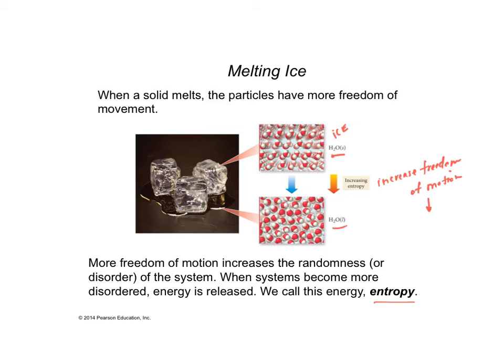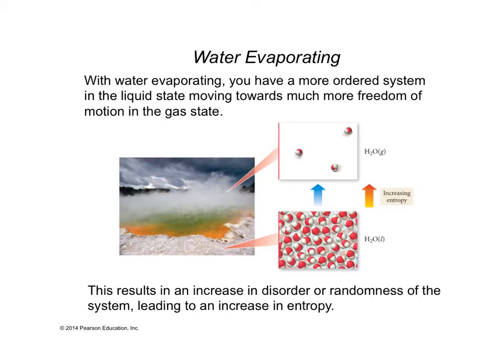Same thing with respect to evaporation of sweat, right? So evaporation of sweat, what are we looking at? We're looking at liquid water going to what? Gaseous water, right? So again, in that process of going from a liquid, where we do have some freedom of motion, right? These guys can move relative to one another, to a gas state, how much freedom of motion do molecules have in the gas state?